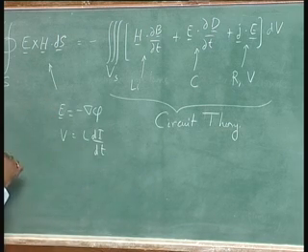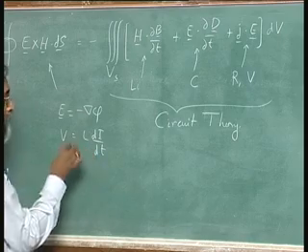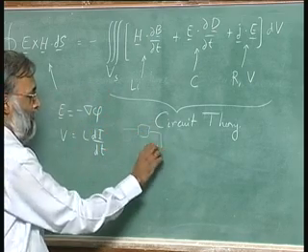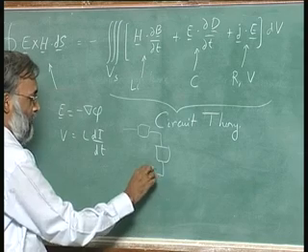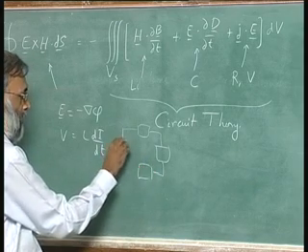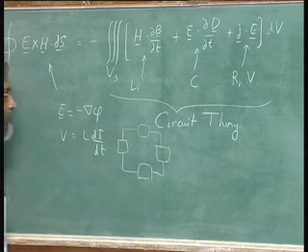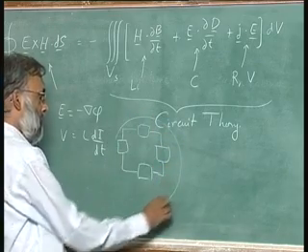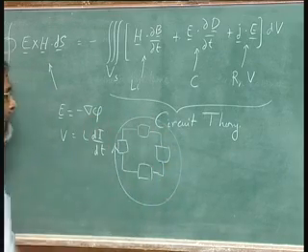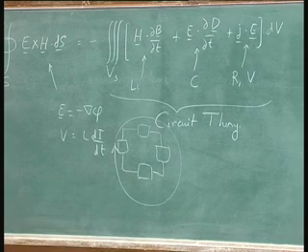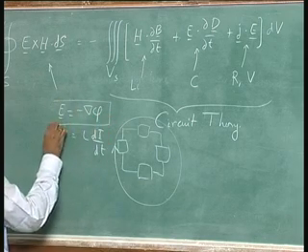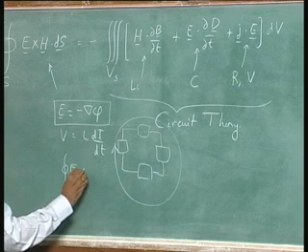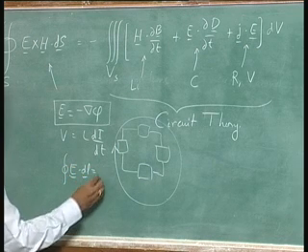outside these components, if you look at what is happening inside a circuit, what we are saying is that you can do an addition of voltages and this holds, that is loop integral E dot dl is equal to 0.